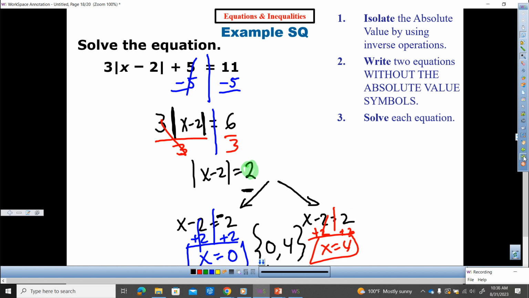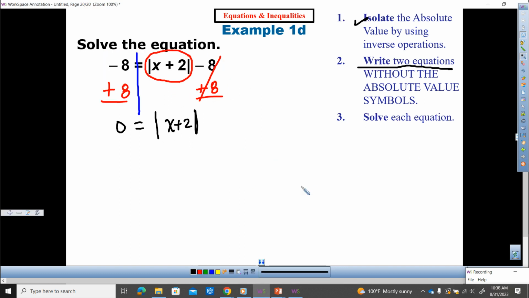Question. Can we write 0 as positive and negative? No. 0 is just 0. So how many equations shall I write? One: 0 equals x plus 2. Only one equation. Make a note.